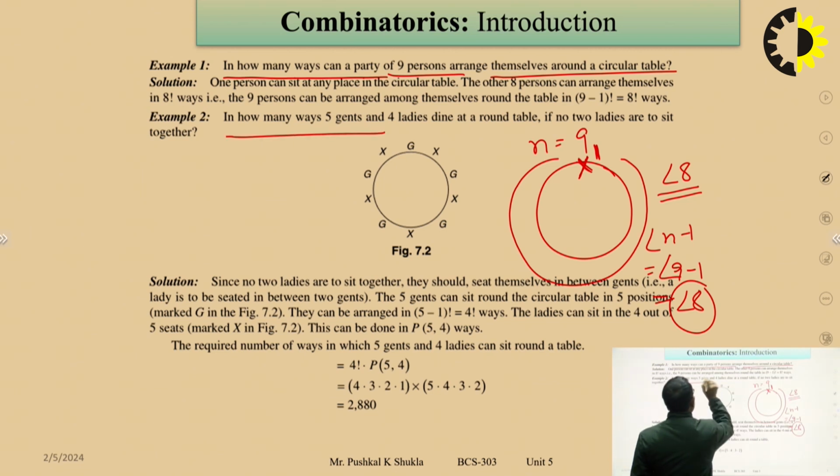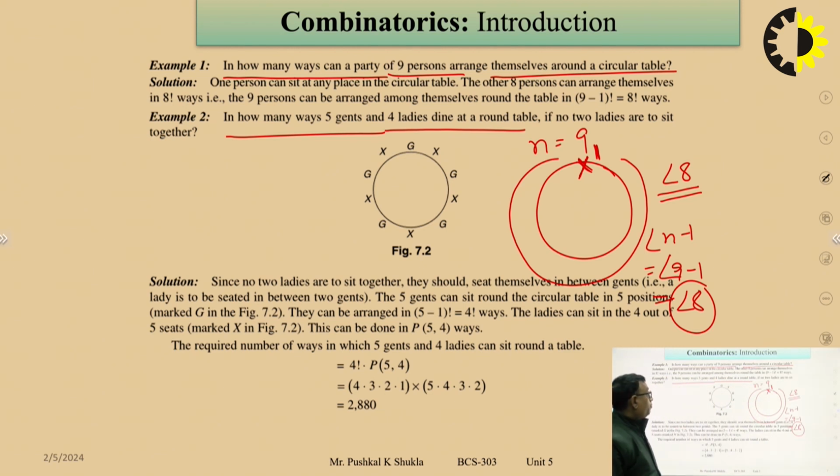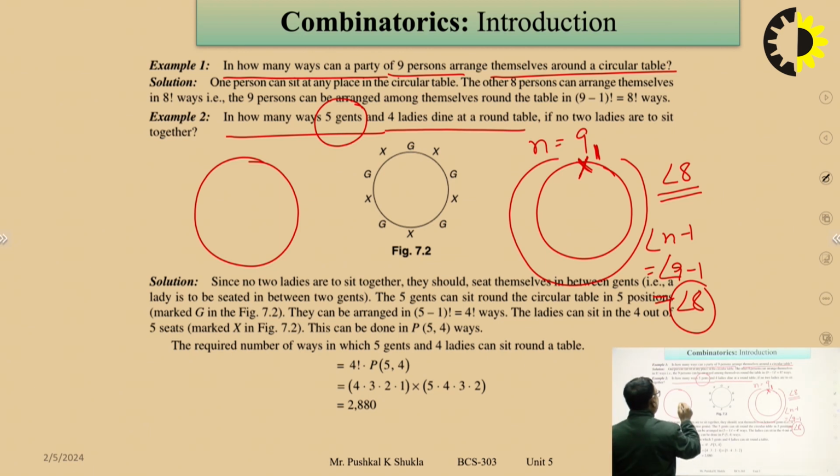In the second example, in how many ways can 5 gents and 4 ladies dine at a round table if no 2 ladies are to sit together? First, we have to arrange the 5 gents in a circular fashion. 5 gents can be arranged in a circular fashion in factorial 5 minus 1, that is factorial 4 ways.